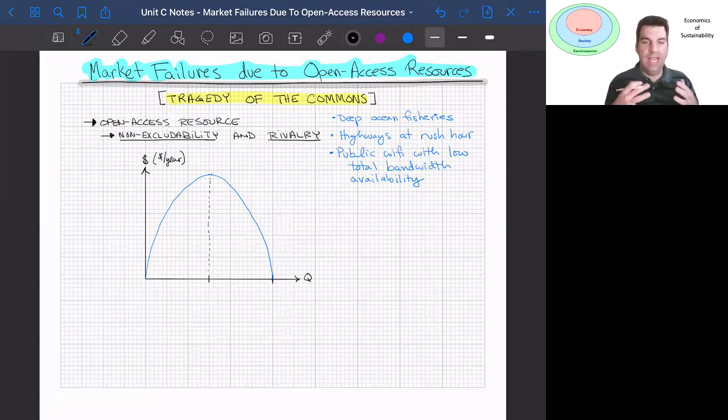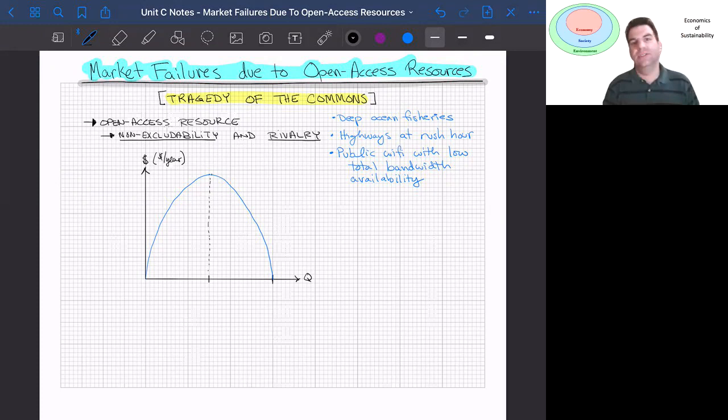All right, now, if I am exploiting this thing alone, then I can keep track of what my total cost is per unit of exploitation. So I know how many trips I go out to the fishery, for example. I generally know how much effort I've put in to try to get this benefit out.